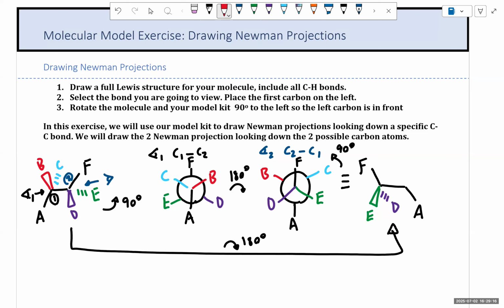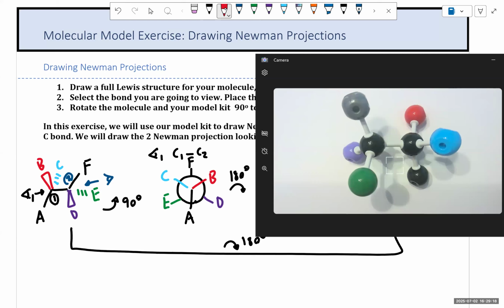Now, taking a look at the back, the second carbon atom, which is originally our carbon 1, the atom C in blue is pointing towards us with a wedge. Atom B in red is pointing away from us, so it gets a dash.